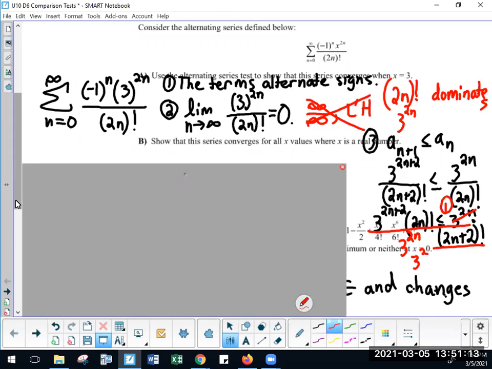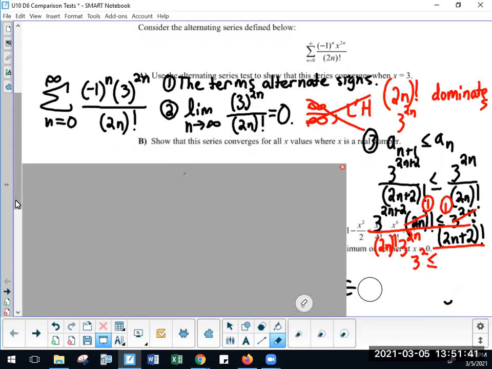And then I'm also going to divide by 2n factorial on both sides. So over here on the left, that makes 1. What about over here on the right? If you do 2n plus 2 factorial divided by 2n factorial, what do you have? That one you may not be quite as comfortable with. Let me write that out for you.